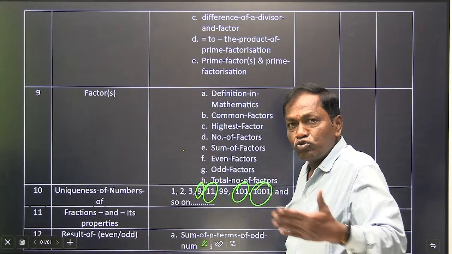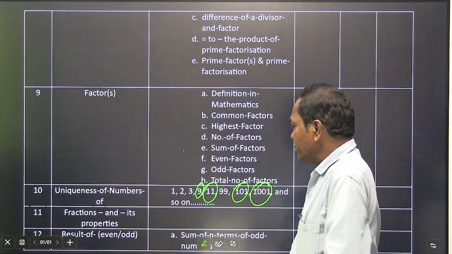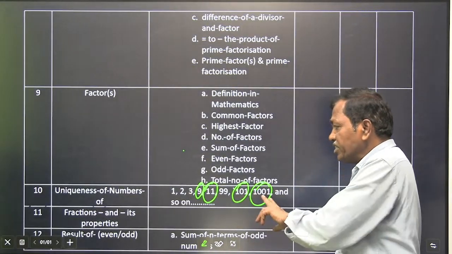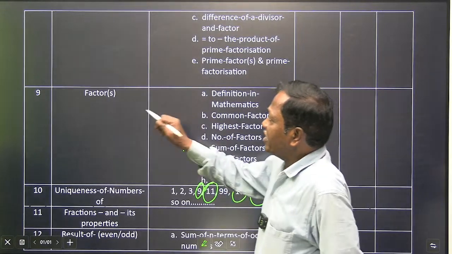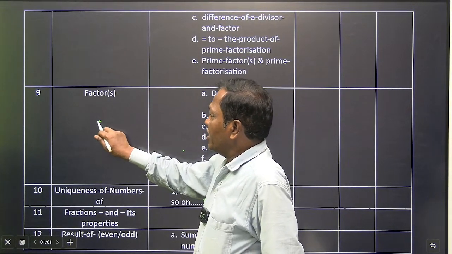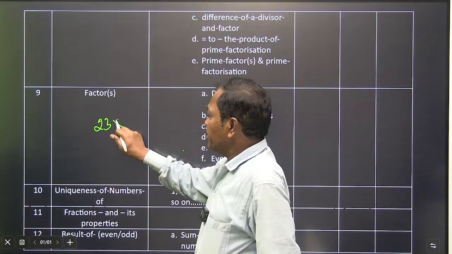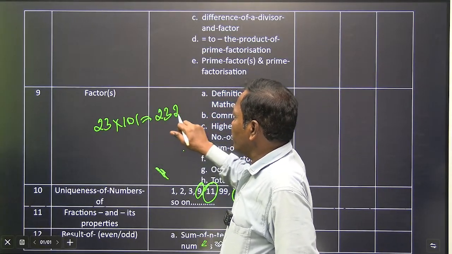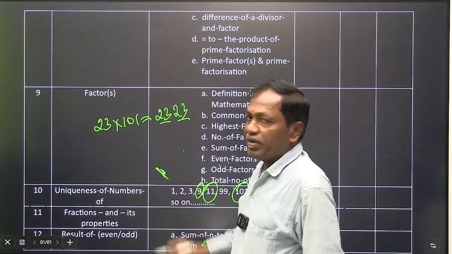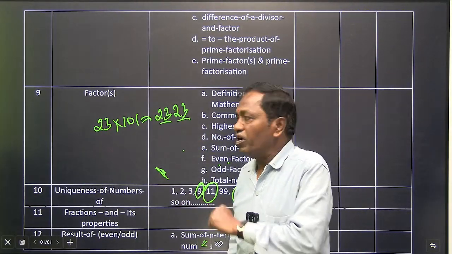Always two questions will come related to divisibility by 9 and interchanging the digits of two-digit numbers. Say for example, let us take a number like 23. 23 multiplied by 101 is 2323. 23 gets repeated. This is a property of numbers.